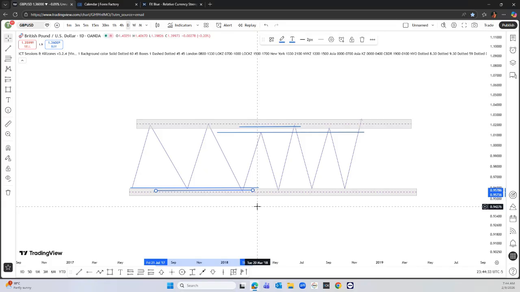If you're looking to sell at resistance, look for the bearish engulfing, the bearish pin bar, and the gravestone doji. If you use pure price action, confirm using a change of character or a shift in market structure. That is very important.